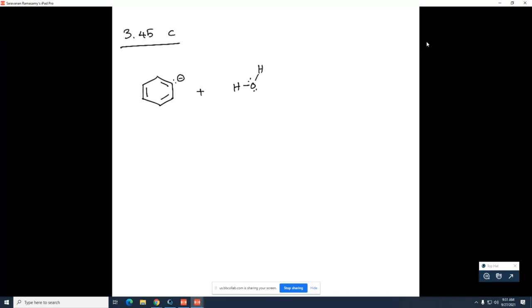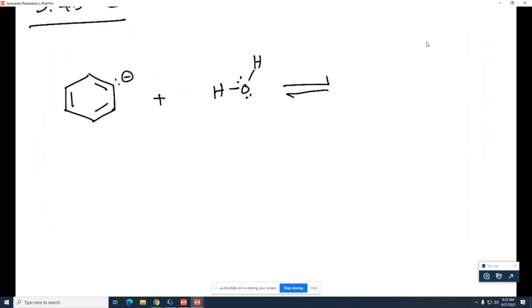They chose specific words to not identify given compounds as base or acid, but you can do that. By looking at these two, you're pretty sure that, because this is an anion, it should be the base, the more electron-rich compound, and this is the acid. Okay, now draw the product for this reaction and the curved arrows.